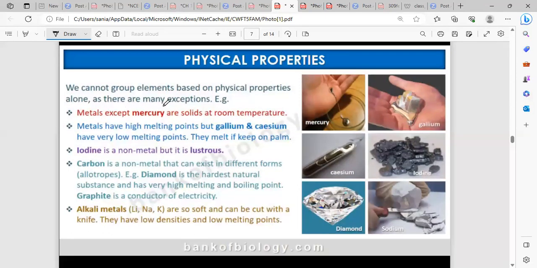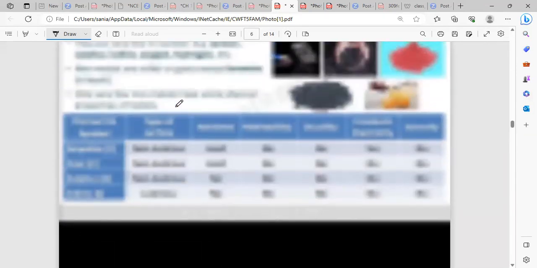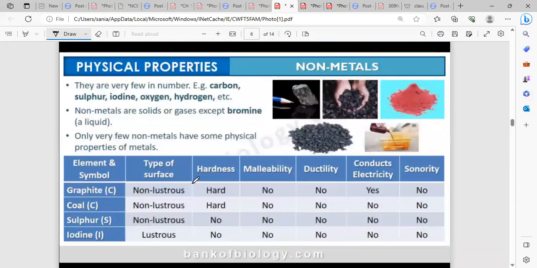Now after this, you will make a table. The table has graphite, coal, sulfur, and iodine, these are the elements and their symbols. Graphite is non-lustrous, coal is non-lustrous, iodine is lustrous.